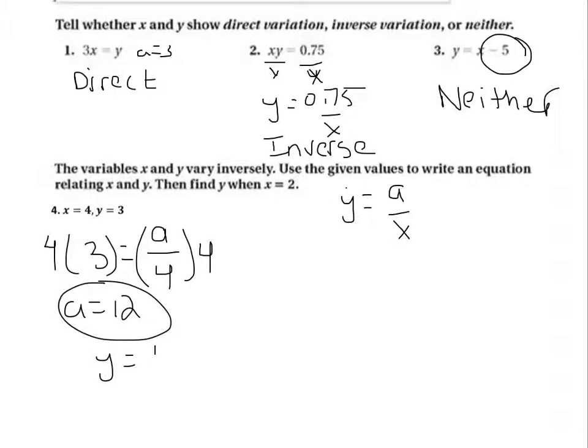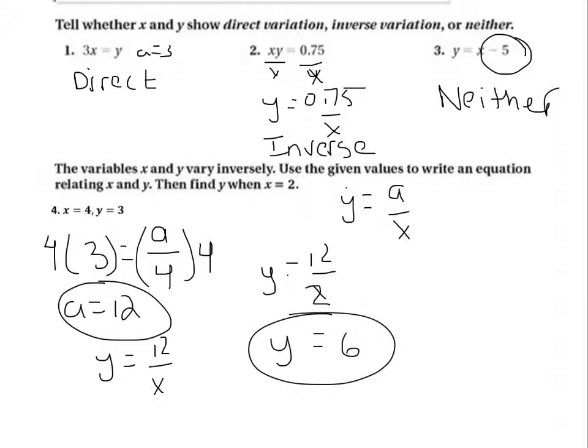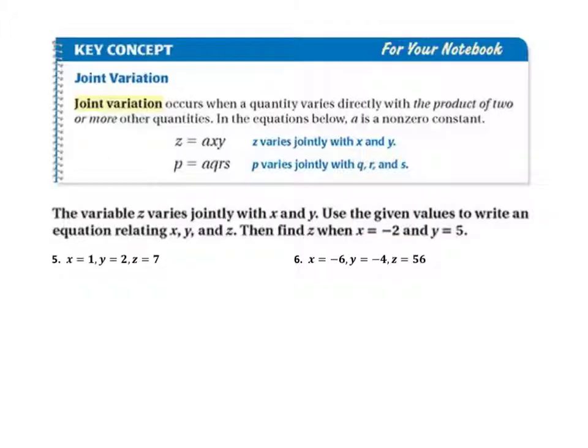So I have this equation, y equals 12 divided by x. So if I plug that in, y equals 12 divided by 2, y equals 6. So there's my equation, there's my answer. I didn't need this. There's my circled answers, okay? So there's the inverse variation.